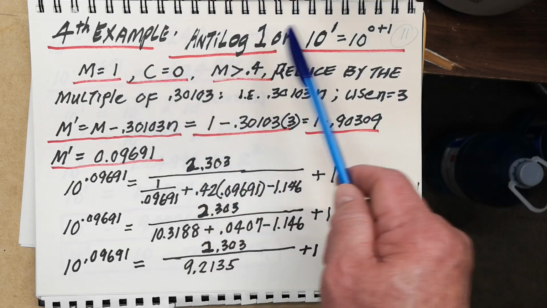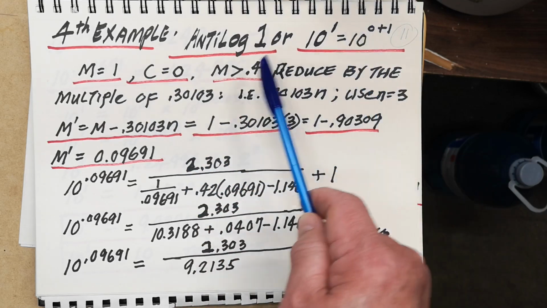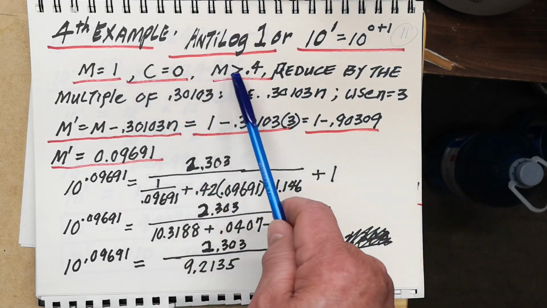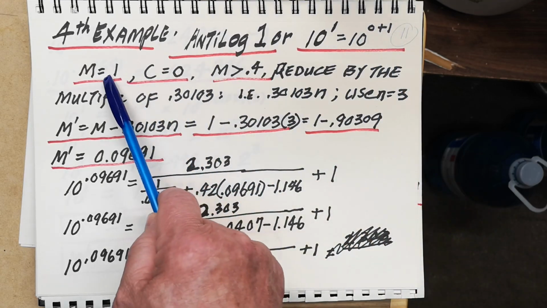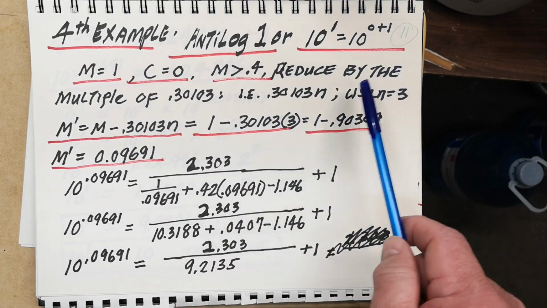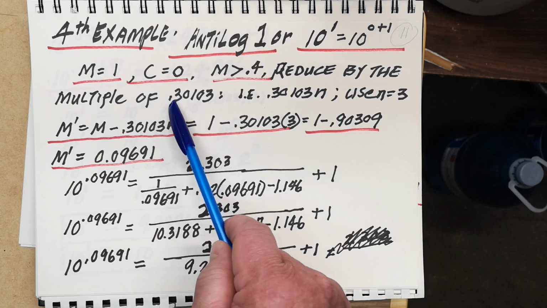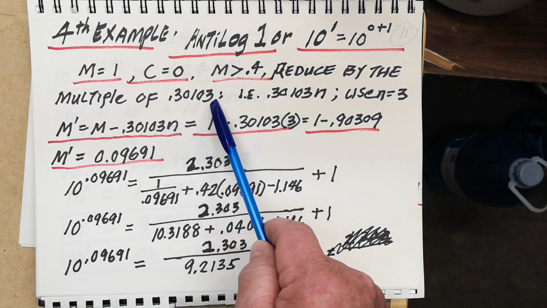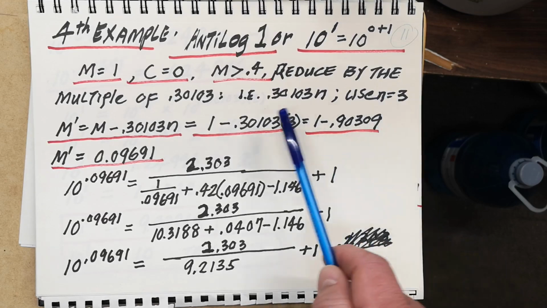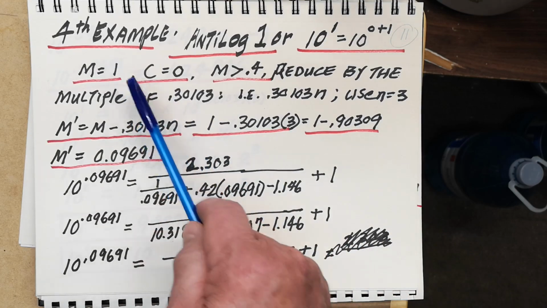So the characteristic is 0 and the m is 1. Since m, which is 1, is greater than 0.4, we have to reduce this again by a multiple of 0.30103. We use 3 because it's 0.9, which is slightly less than 1.